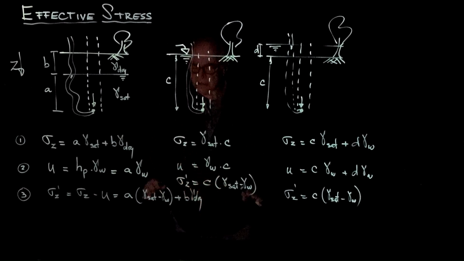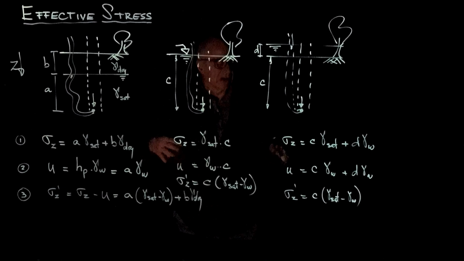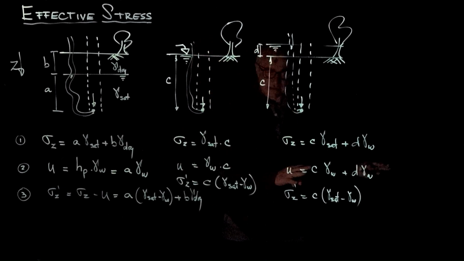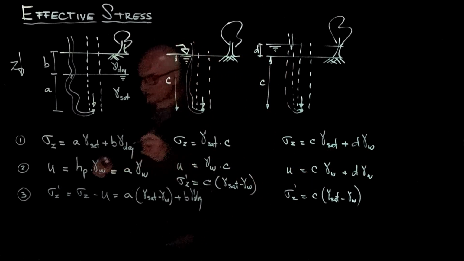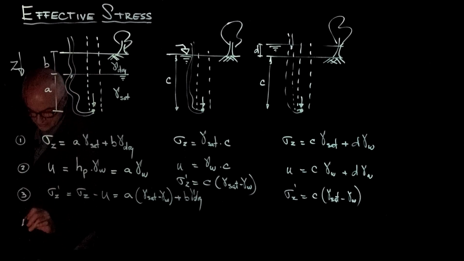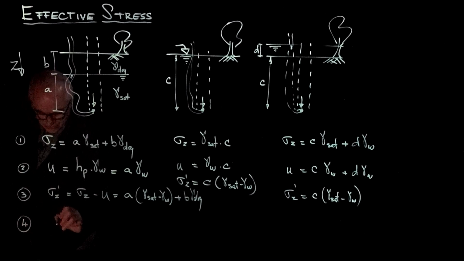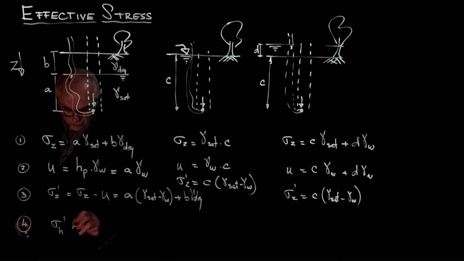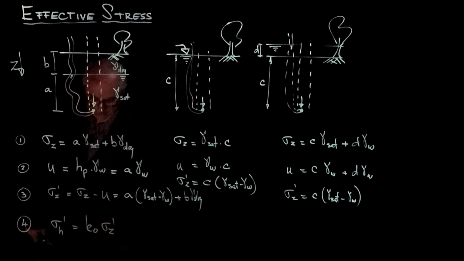Under level ground conditions, we can also think that during burial, only during burial, without any unloading, the horizontal effective stress is going to be equal to K naught times the vertical effective stress.